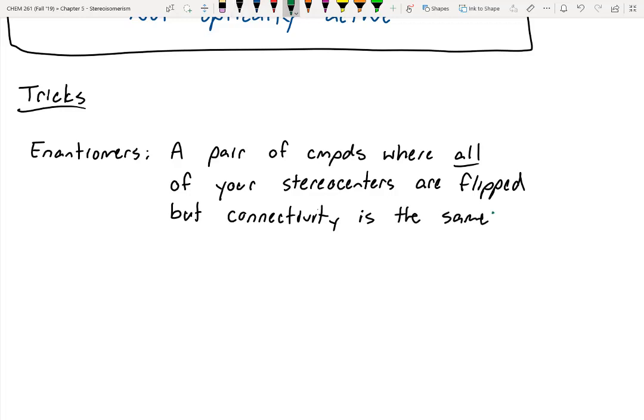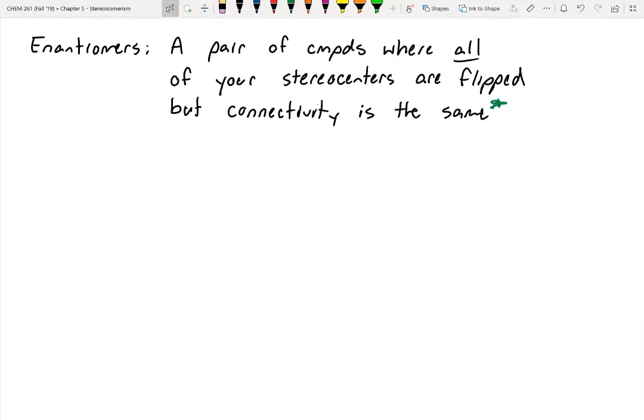And I'm going to put an asterisk here. What do you think that asterisk is likely going to be talking about? Meso compounds, right? If you've got an internal mirror plane, we said we will never ever run into enantiomers.